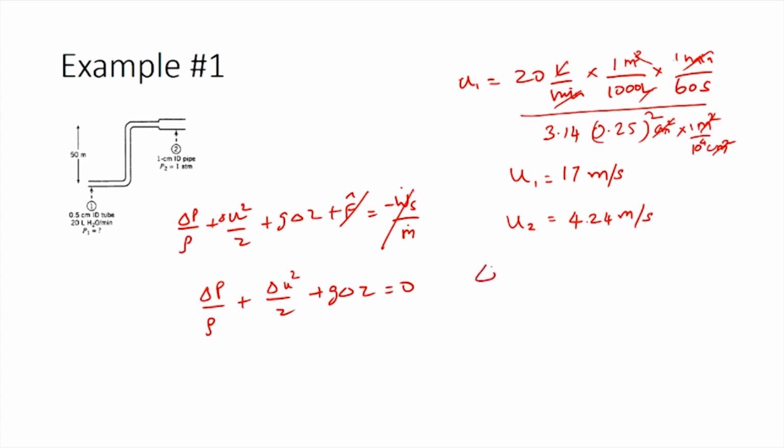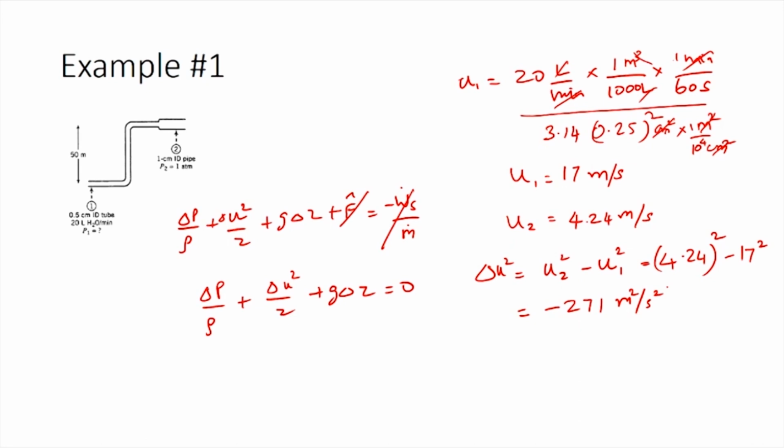So, we need to calculate delta u squared, which would be u2 squared minus u1 squared, which is 4.24 squared minus 17 squared, giving a change in velocity squared as minus 271 meter squared per second squared.